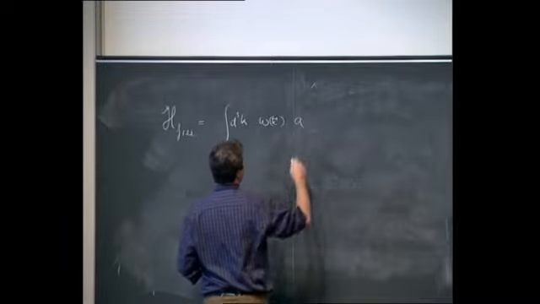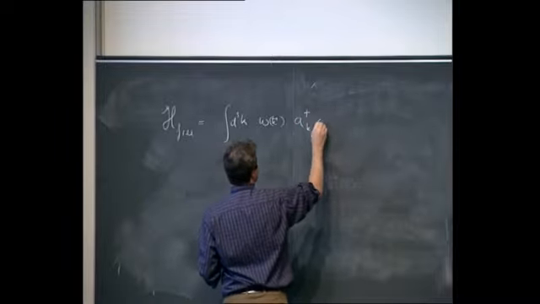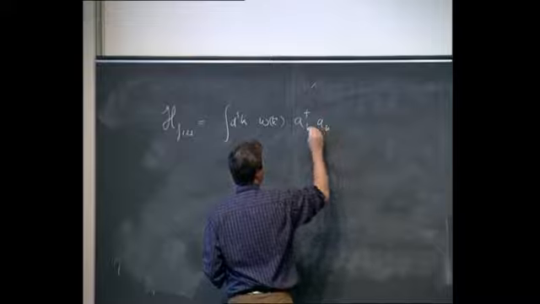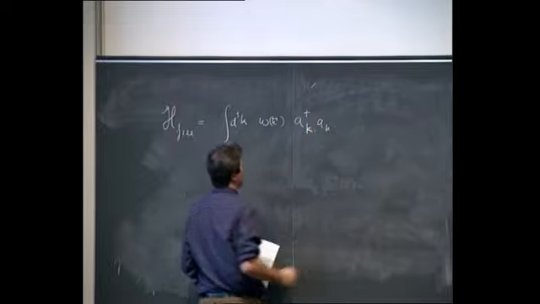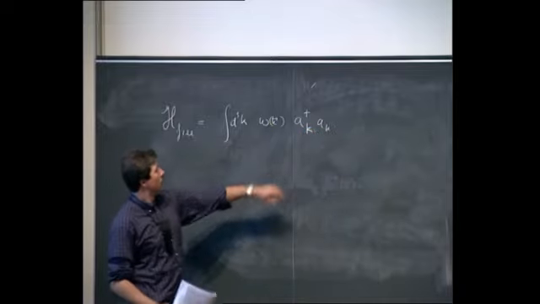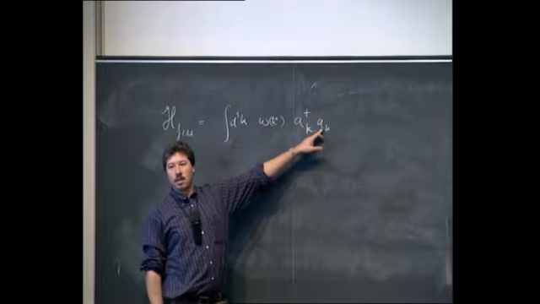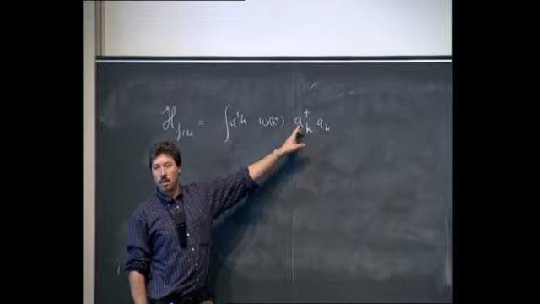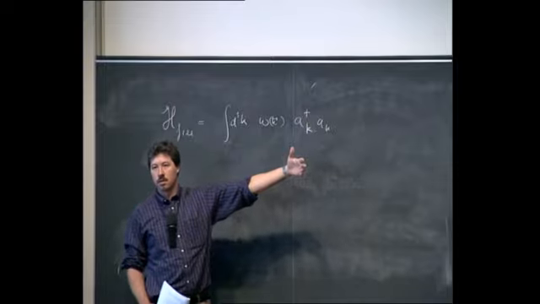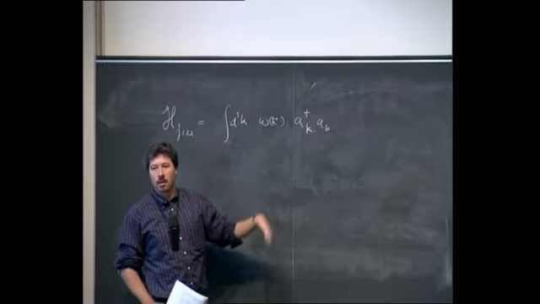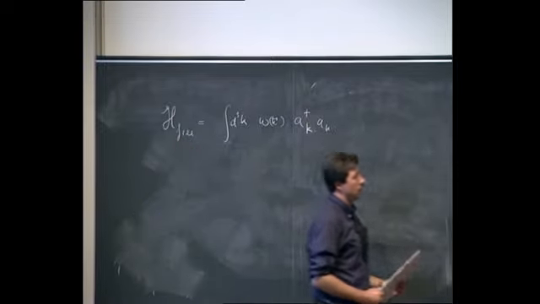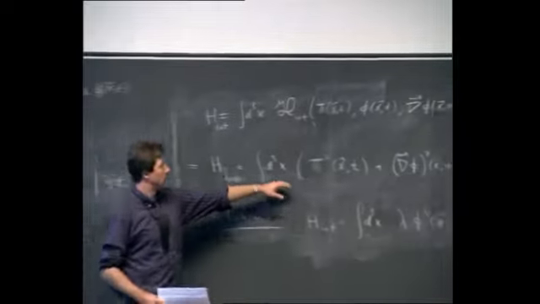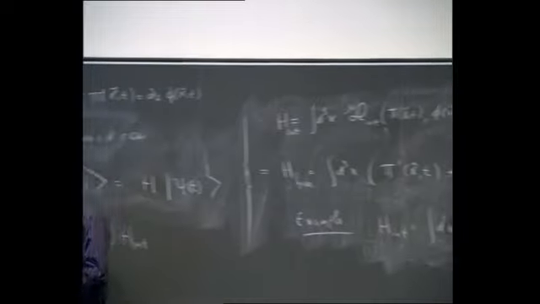omega k, and then there's a creation operator and an annihilation operator. So what the free Hamiltonian does, actually, it just annihilates a particle and then creates a particle, but it doesn't add new particles to it. So that's the way to see that this actually gives you no interactions.